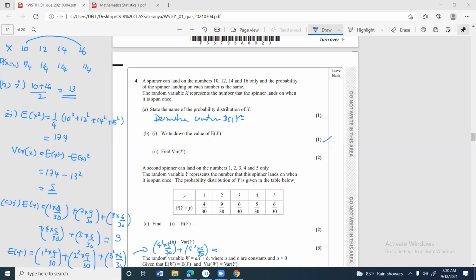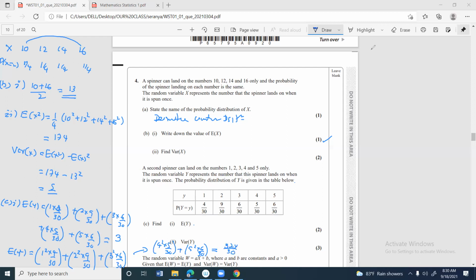Then you get E(Y squared) as 324 over 30.